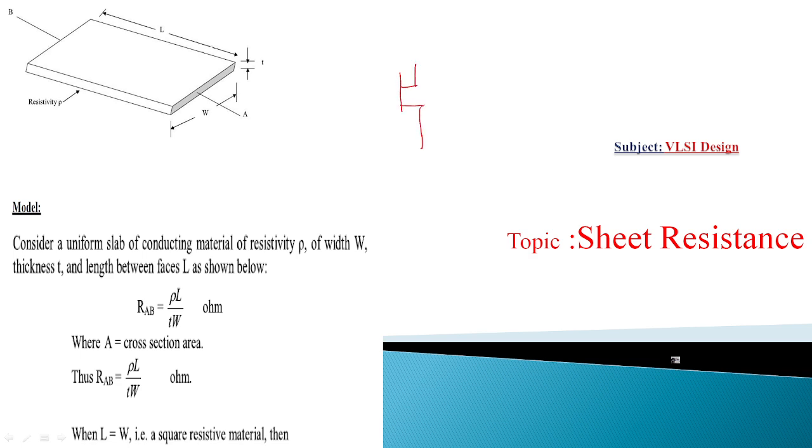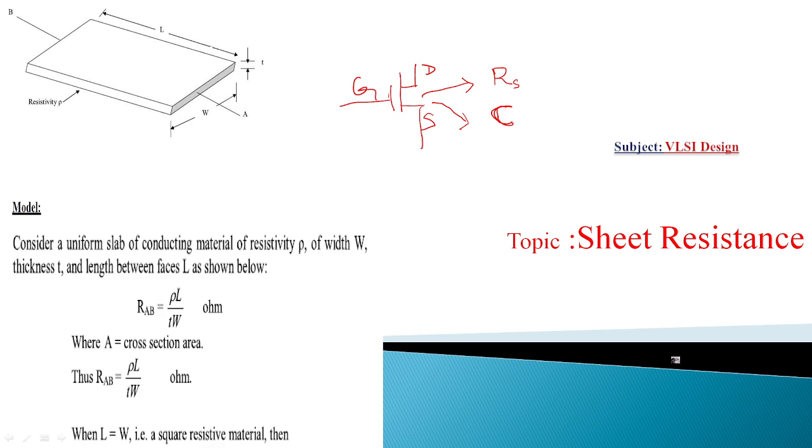This is the symbol for a MOS transistor, having source, gate and drain terminals. Internally it has a sheet resistance, or some standard resistance. Of course, it also has an internal capacitance C.